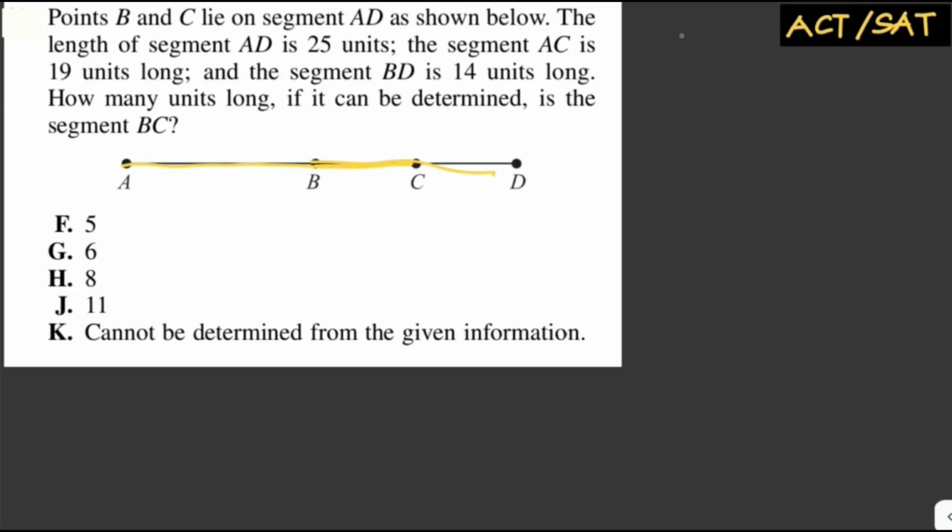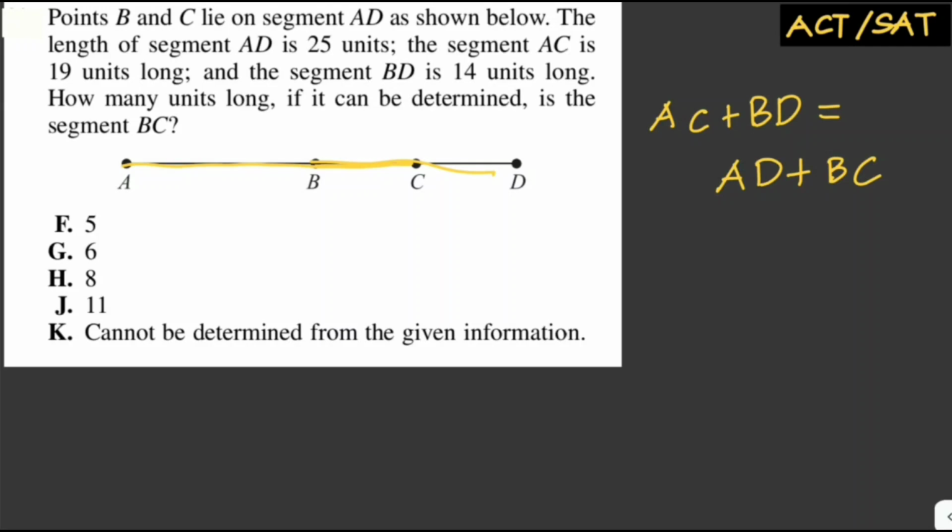So let's write that into a mathematical equation. So the sum of the length of AC and BD is just equal to the sum of the length of AD plus BC.